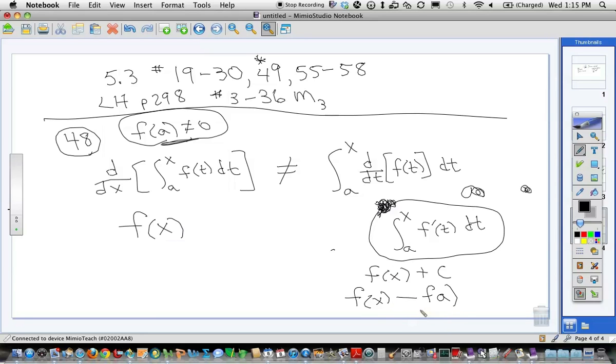So that minus F of a is really your plus C, isn't it? Now you look at this and you look at this. They're not the same unless what? Unless F of a is 0. So that's why they added in that F of a. As long as F of a is not 0, they get this.